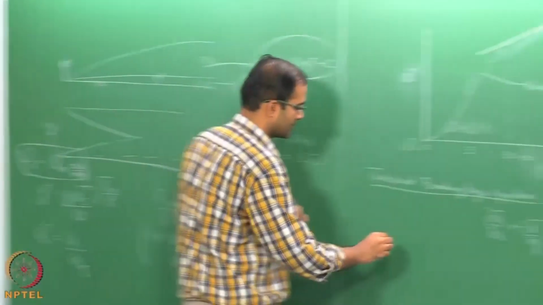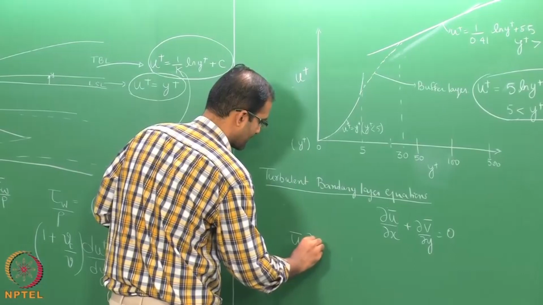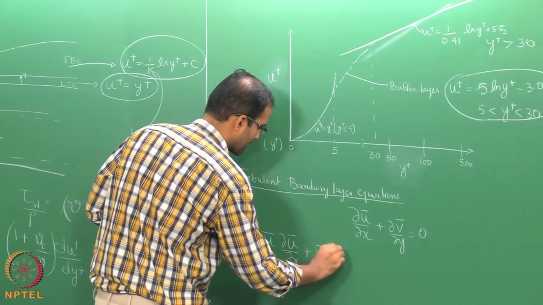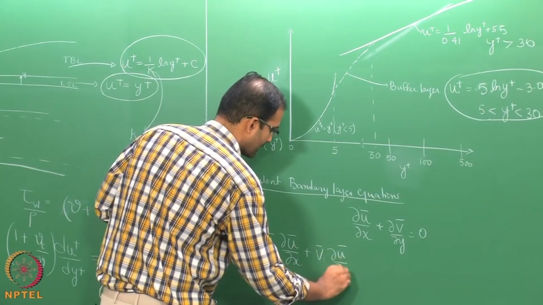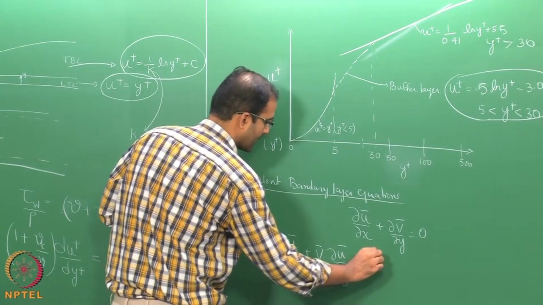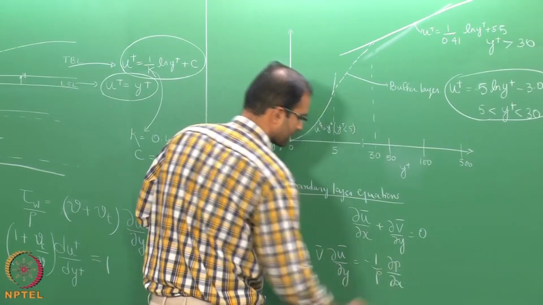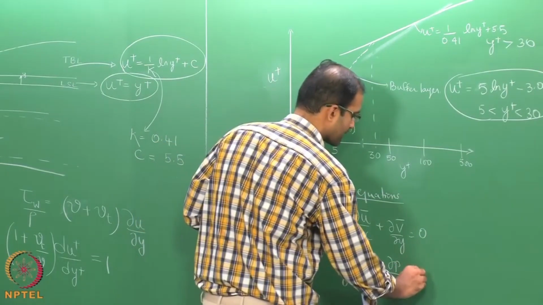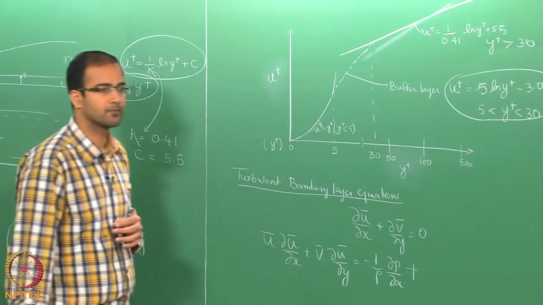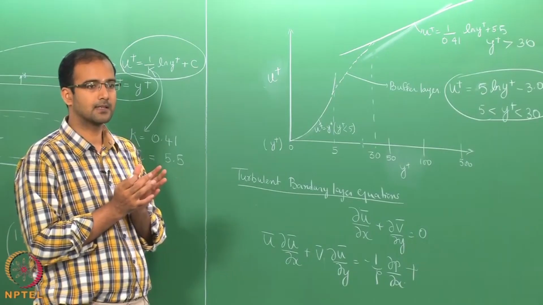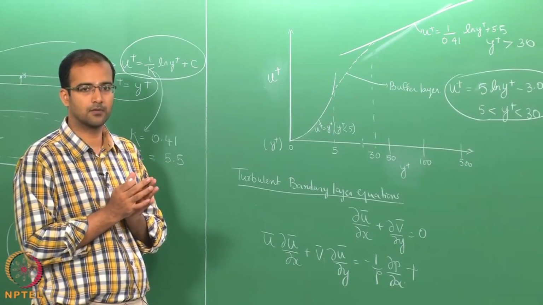So, therefore, we can write this as u bar du bar by dx. The advection terms will be as they are, and we can also include the pressure gradient term. And what about the diffusion term now? You remember that we have two diffusion terms, and we have also combined the turbulent stresses as a diffusion along with the molecular diffusion.